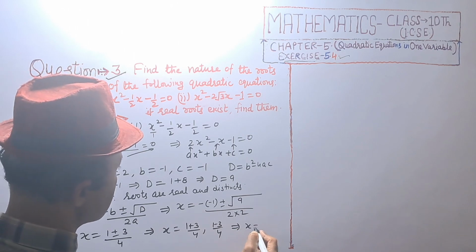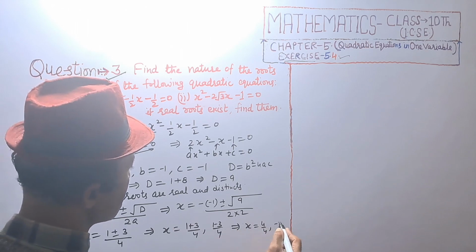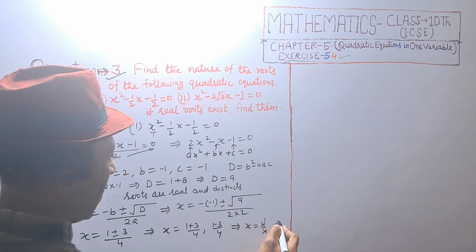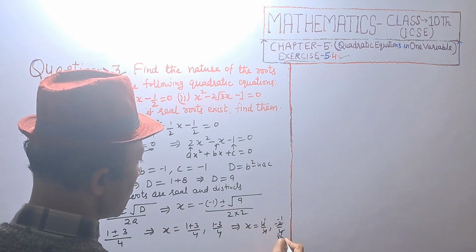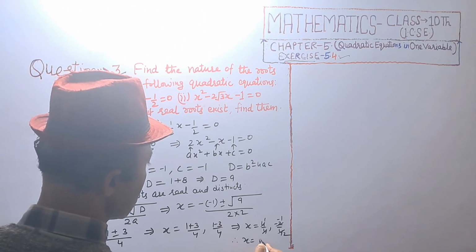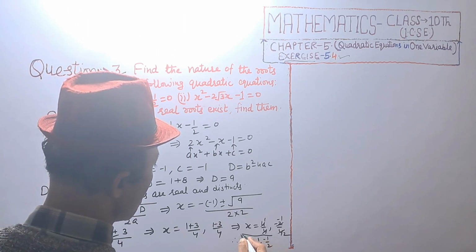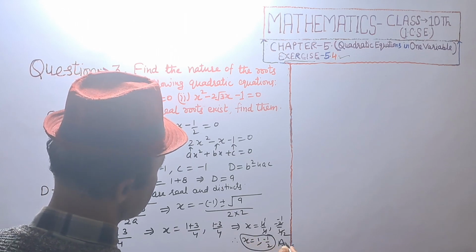This implies x is equal to 4/4, -2/4. This is cancelled by 1, and 2 1s are 2, 2 2s are 4. So we get the value of x is equal to 1, -1/2. Answer.